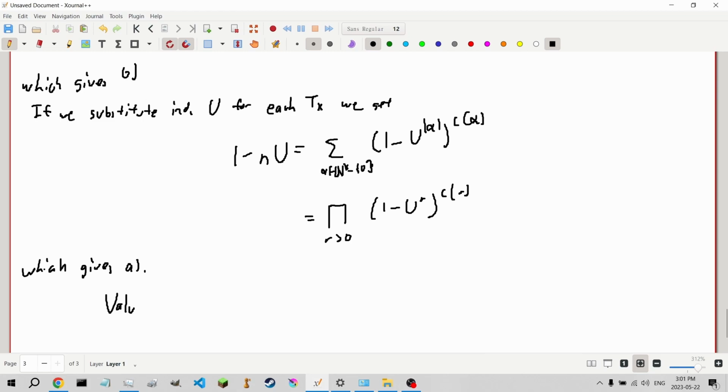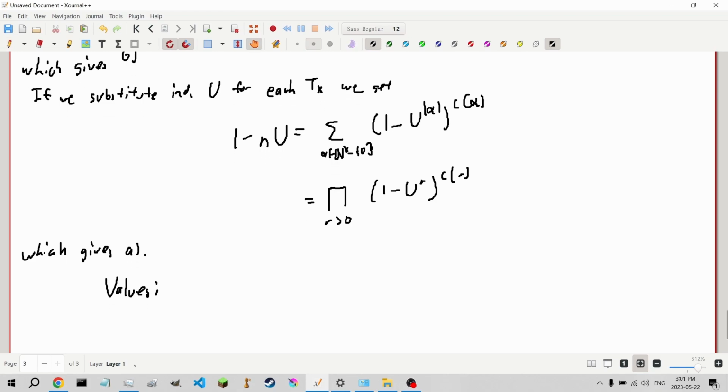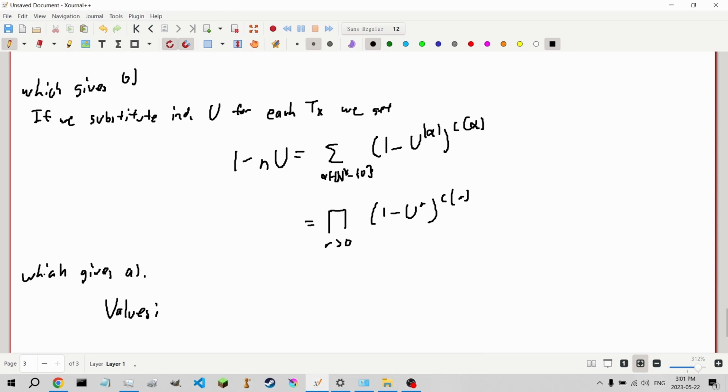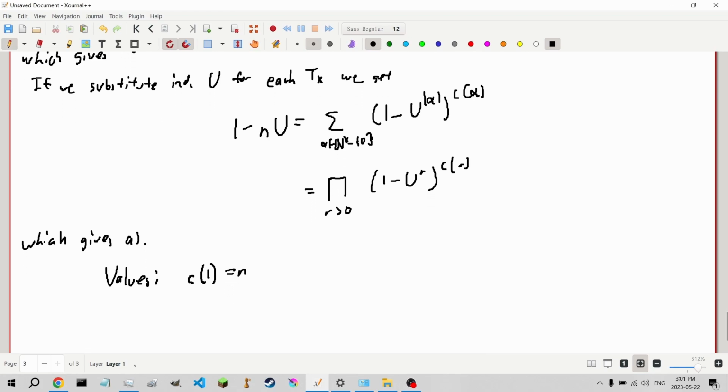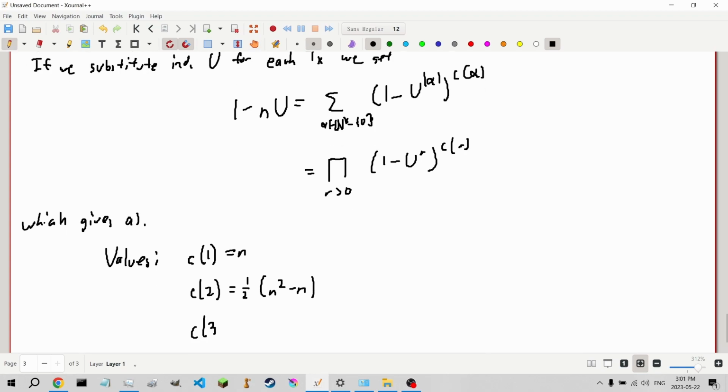And we can actually calculate some of these values explicitly. So for example, C of 1 is n. C of 2 is 1/2 of n squared minus n. C of 3 is 1/3 of n cubed minus n.